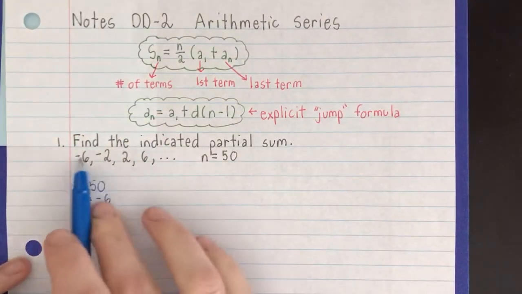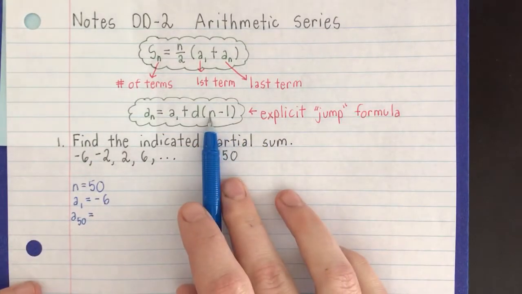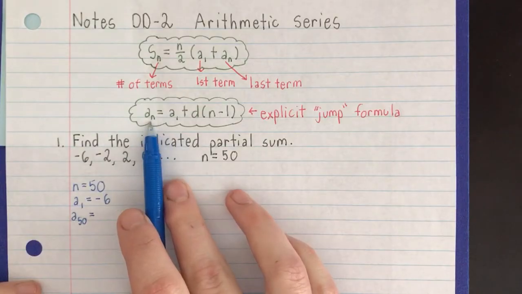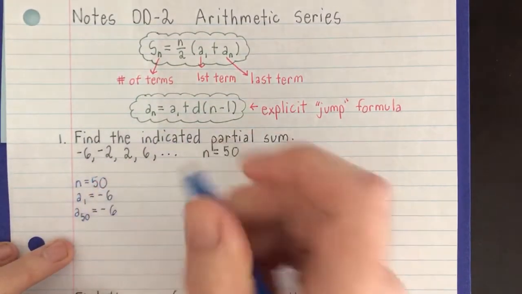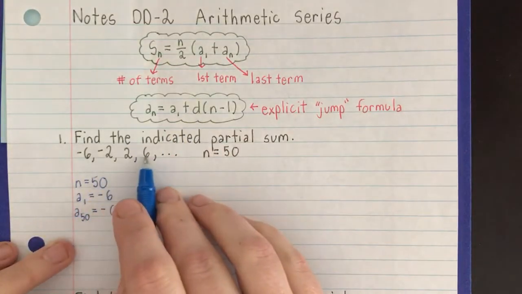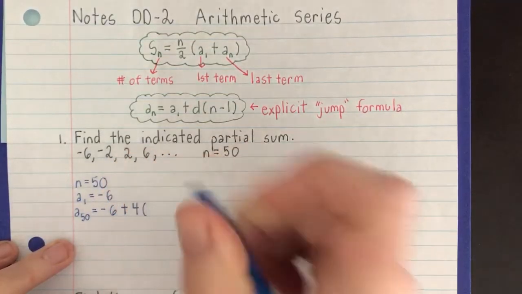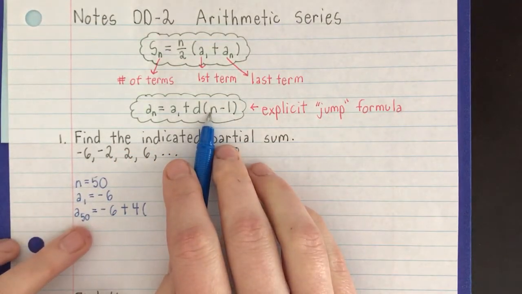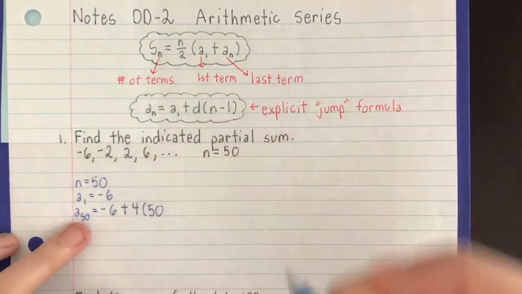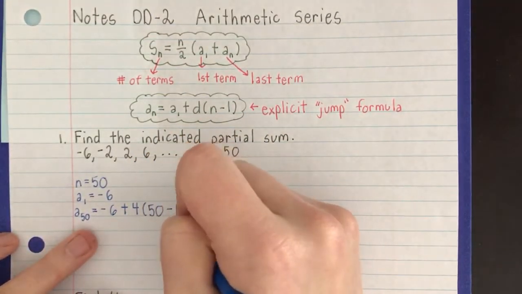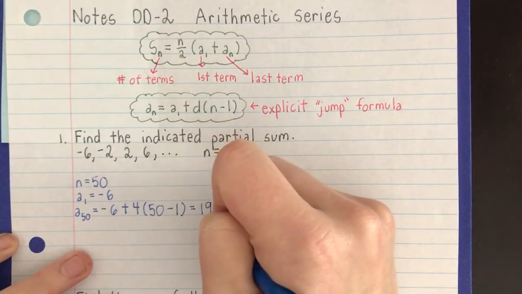And so since we don't know what the last term is, we'll need to use our quote-unquote jumping formula to figure it out. So a sub 50 equals the first term, so again in our case -6, plus that common difference we just found out it was 4, so plus 4, times the quantity n, which is 50, minus 1, so 50 minus 1. And if we work this out, you would get 190.